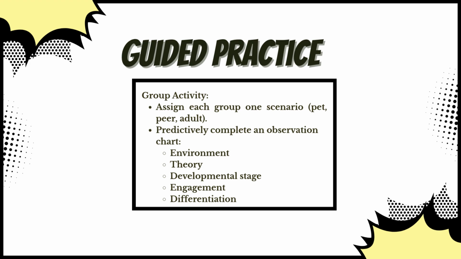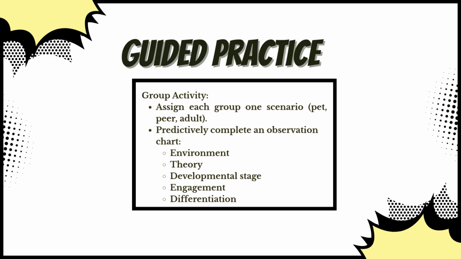Now, in class, we did a small little activity where you had to observe either a child with a pet, a child with a peer, or a child with an adult. And you're going to use the observation chart or rubric, if you will.